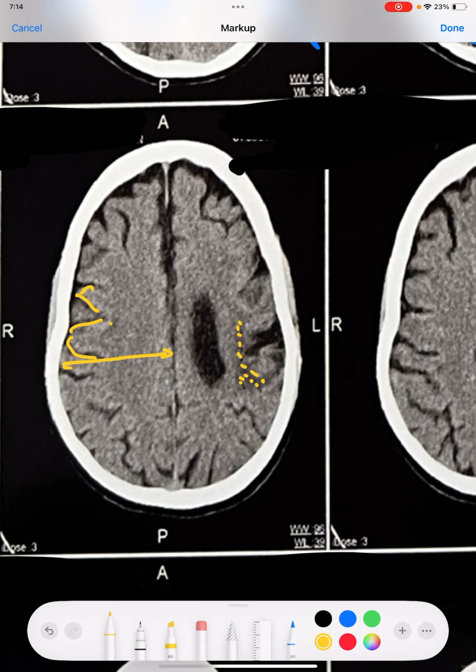These are the sulci, and the brain material here is very much less. This black region, where the X-rays are passing, means there is nothing; it is an empty, vacant area. Brain was supposed to be here, but the brain is not there.